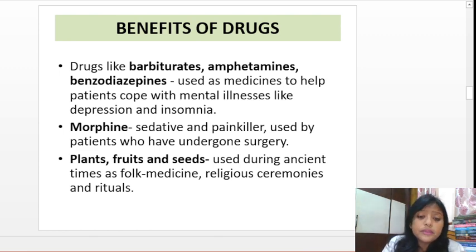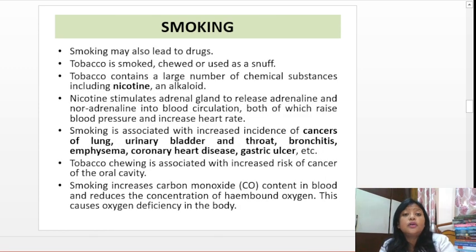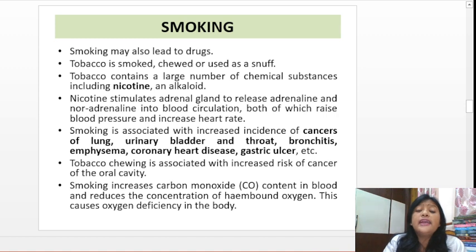Also, in ancient times, these types of plants were used by people as folk medicine, and in religious ceremonies and rituals. Now this is a very important topic: smoking. Smoking also leads to drug abuse, because tobacco is smoked, chewed, or used as snuff. Tobacco contains a chemical substance known as nicotine, which is an alkaloid.